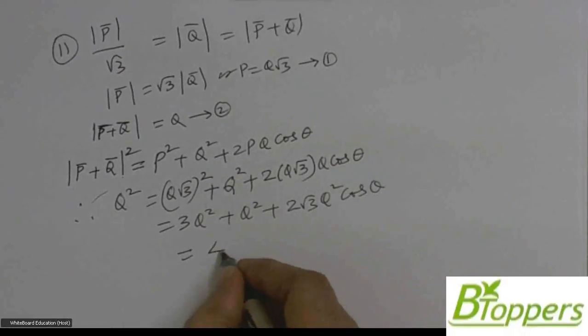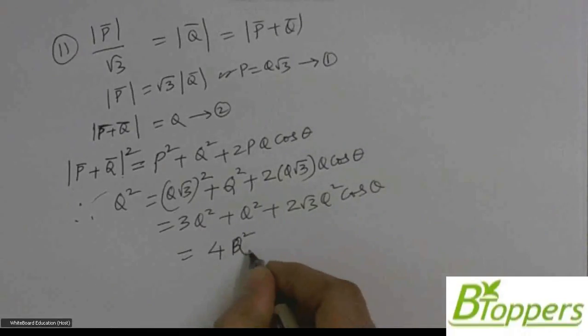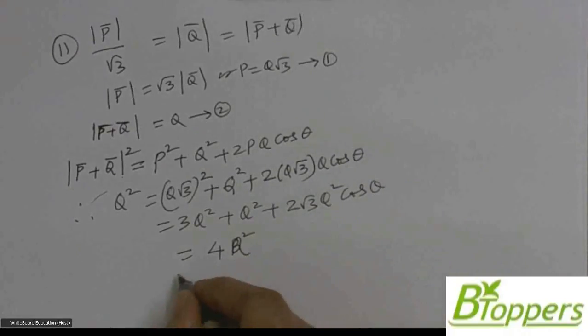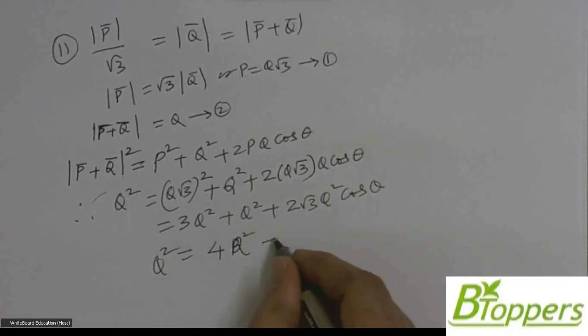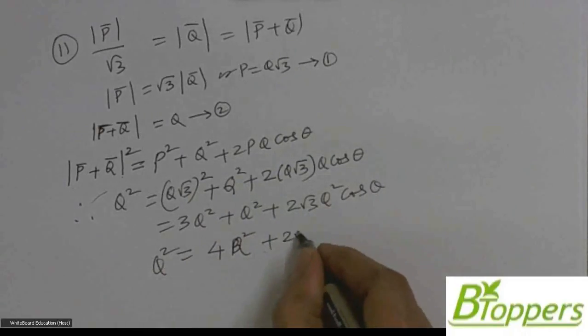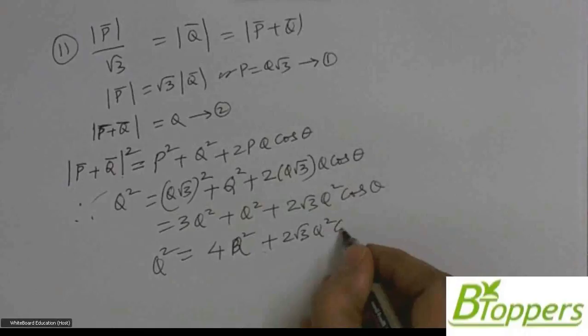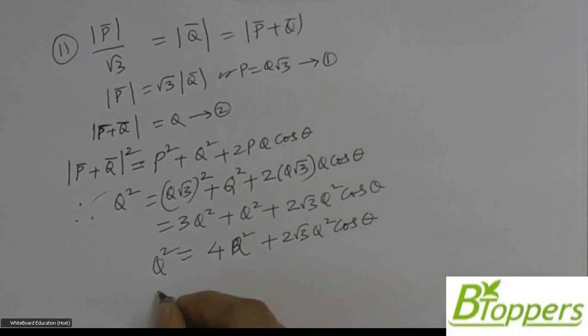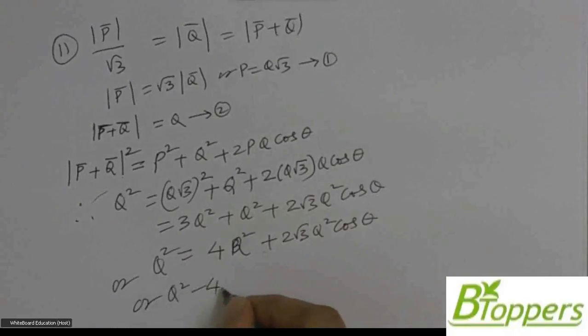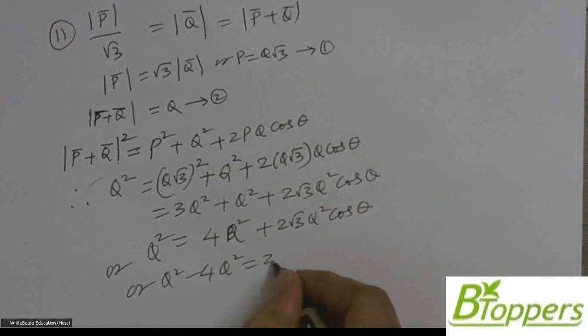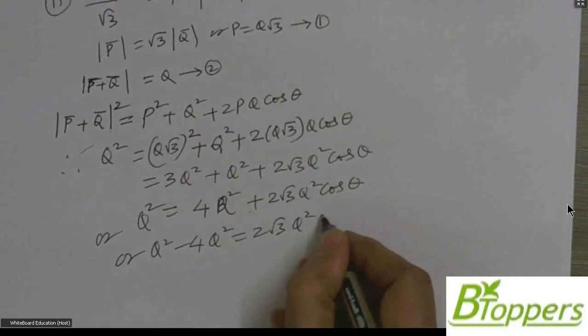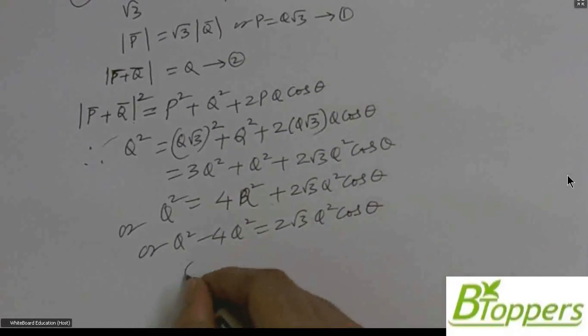So you get 4q square plus 2 root 3 q square cos theta on the right hand side. On the left hand side, you have q square. So q square minus 4q square equals 2 root 3 q square cos theta.